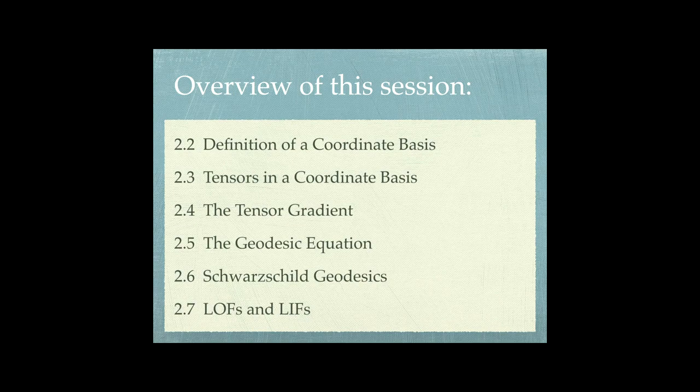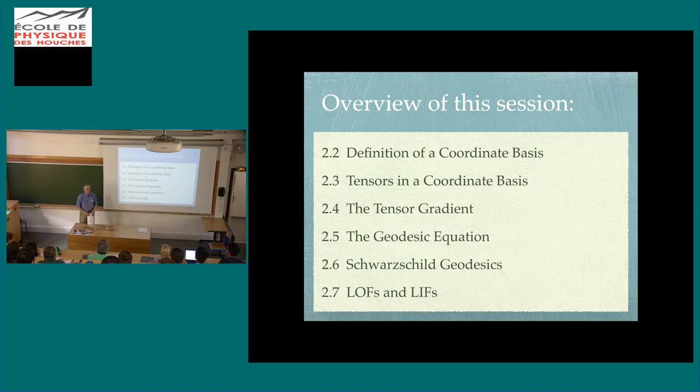So I'm going to begin by defining what is called a coordinate basis, and this is a particular way of defining components of a vector or a tensor in a coordinate system. And then we'll see how we can generalize the ideas that we were working on last time to work with tensors in these coordinate bases.